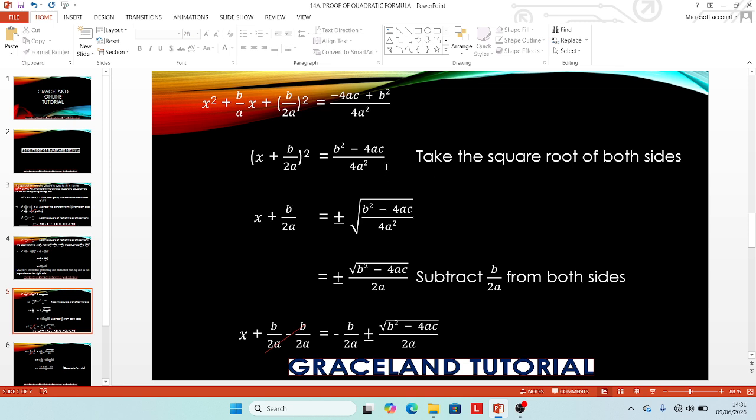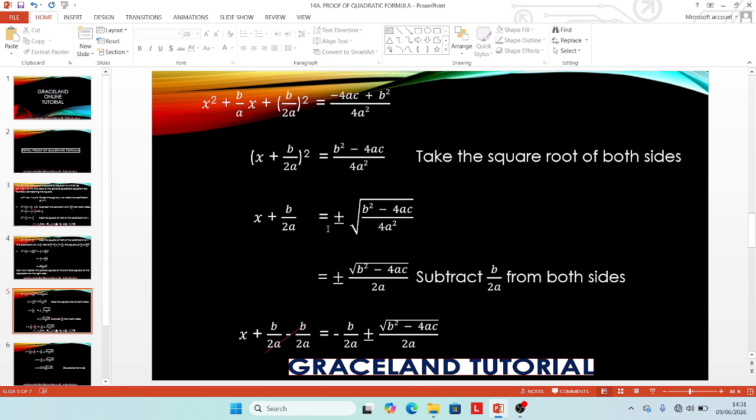Now, let's take the square root of both sides. The square root of x plus b over 2a in bracket squared is going to be x plus b over 2a, which is equal to plus or minus the square root of b squared minus 4ac over 4a squared. Let's simplify that further, since we can find the square root of the denominator, which is 4a squared.